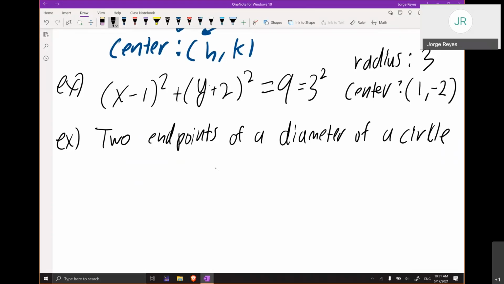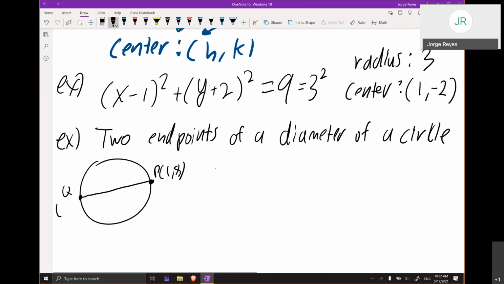The first point is (1, 8). The second point is (5, -6). Obviously my circle is in the wrong spots, but whatever. Two points, diameter.